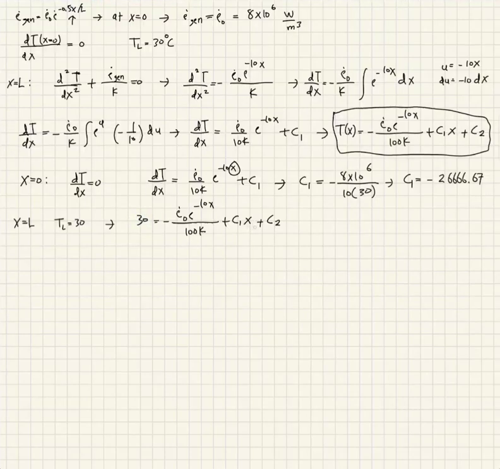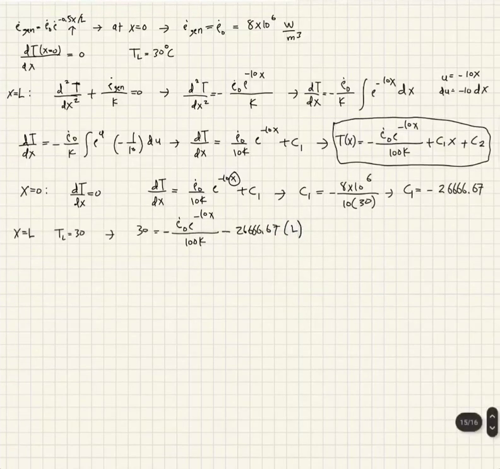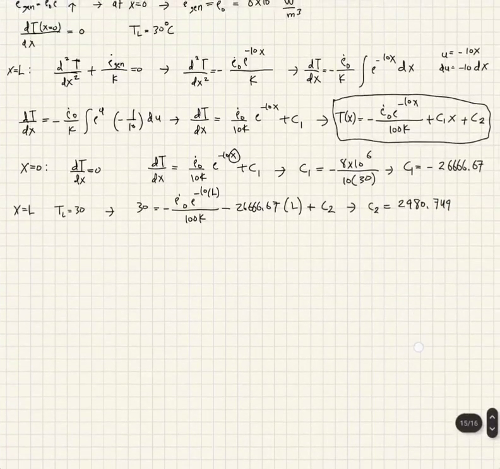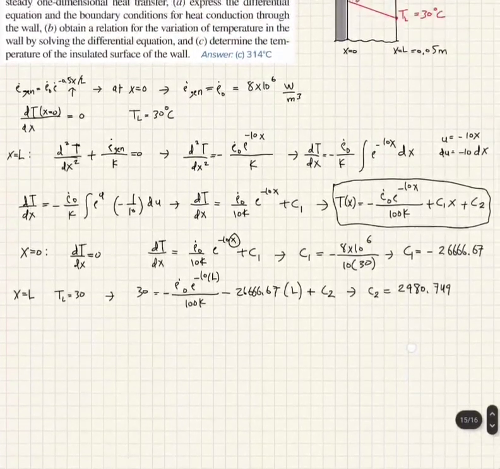We know the value of C1, which is 26,667, times x, which is L. I'm just going to keep it like that for now, and then this is also just L. We know the value of E dot 0, we know the value of 100k, so this gives us our C2 value. That's our C2. So we have the two constants now.